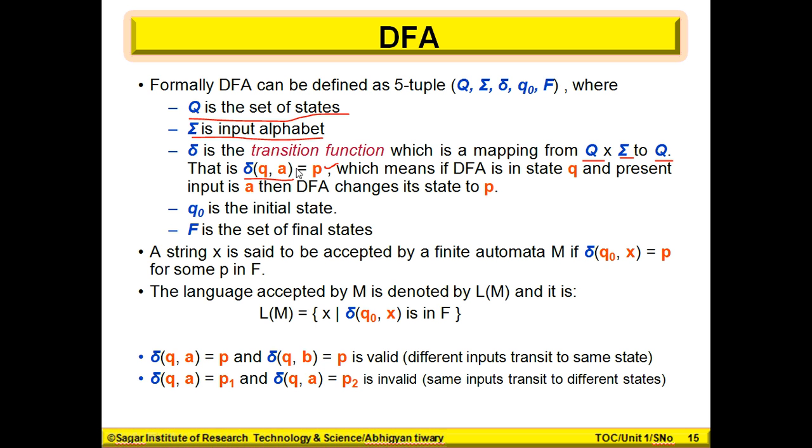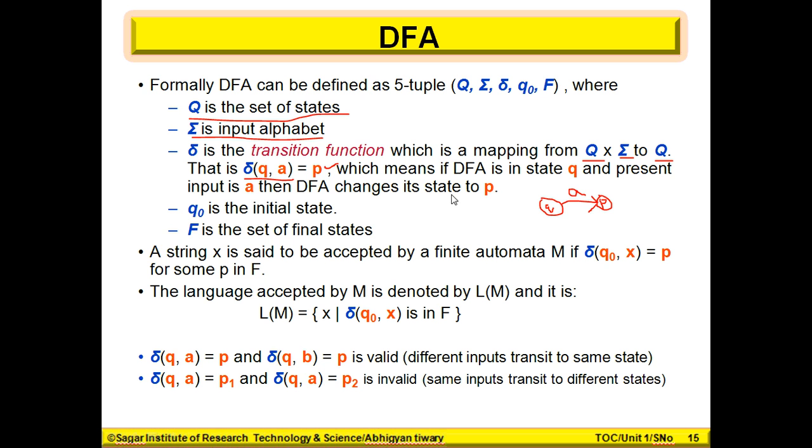So what does it mean actually? See how we are going to define it. This is a state, and the name of the state is right now Q. By giving an A, that's why it is called transition. It means we have to transit from one state to another state. So in state Q we are going to give input A, and we reach state P, and that is the meaning of this.